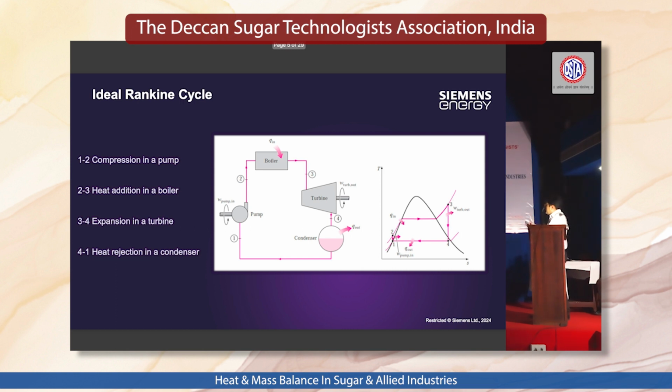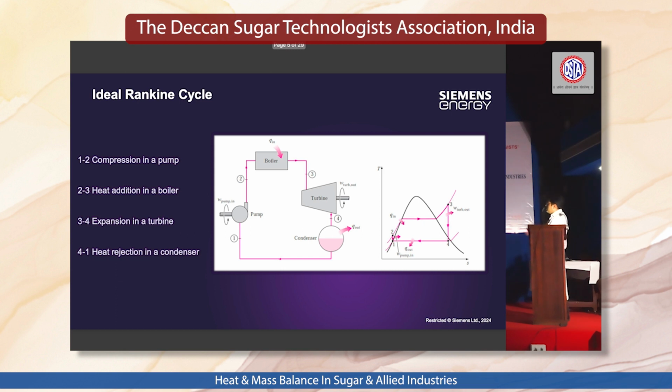This superheated steam is expanded in the turbine and converted into rotational mechanical power, which is further converted into electricity. The heat rejected from the turbine goes to the condenser, and in the condenser the latent heat is sunk, and the steam is converted back into water.